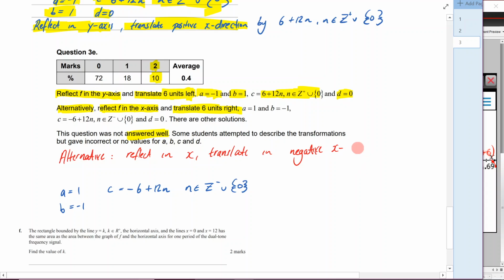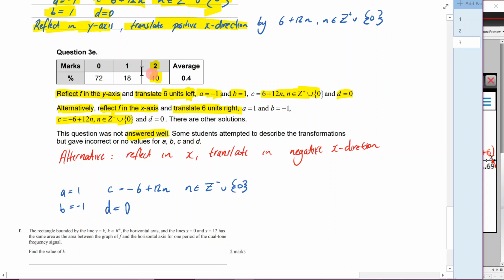Whoa, I can't spell direction. Okay, so as you can see here, because we're reflecting in the x, we're making the y -1, so the b, that's in front of the y, and then we've got -6x plus 12n, and that is what they have here, and they have defined my z as, you got that negative right there, including 0. Oh, and you also have to say that we're not doing any vertical translations, so my d is going to be equal to 0.